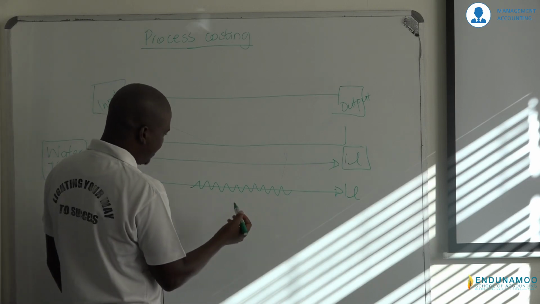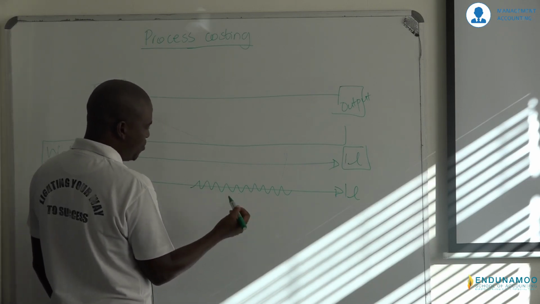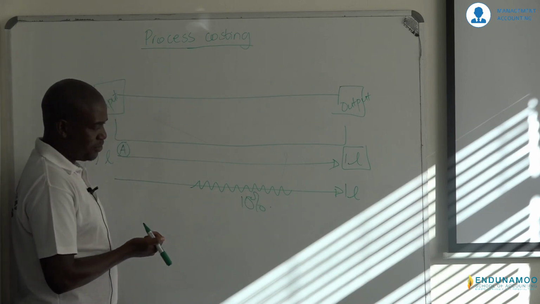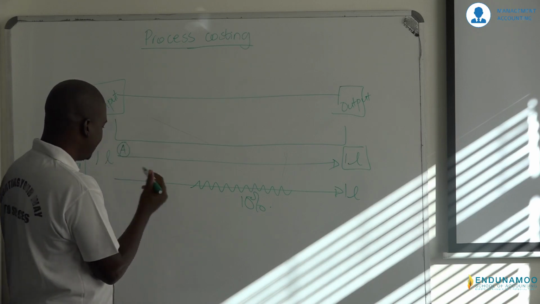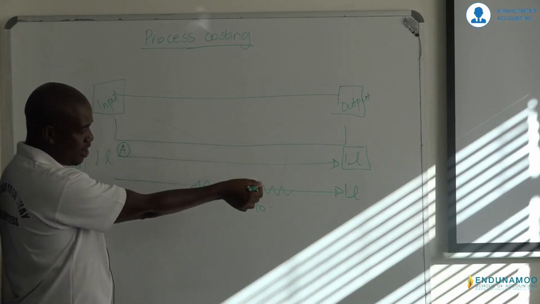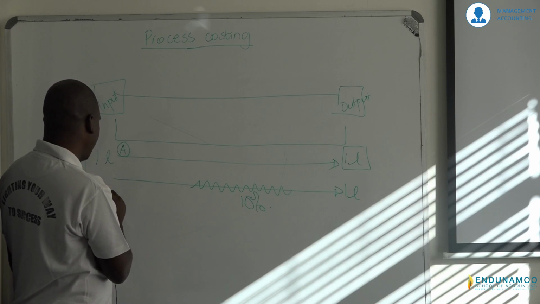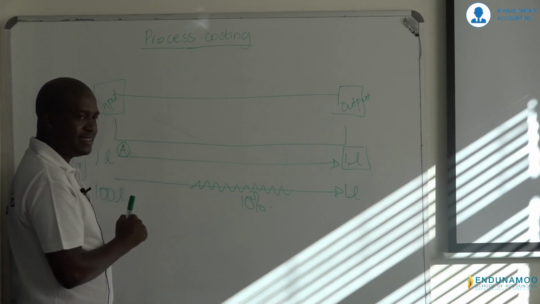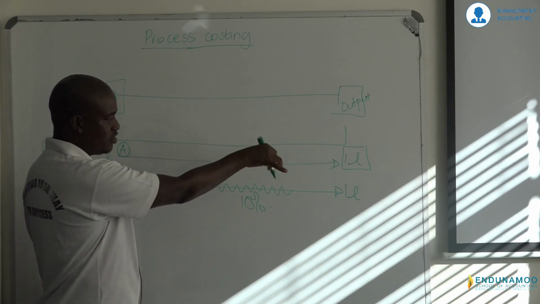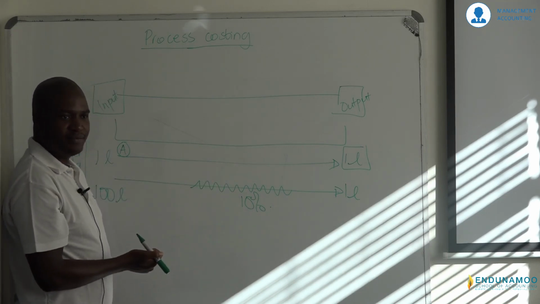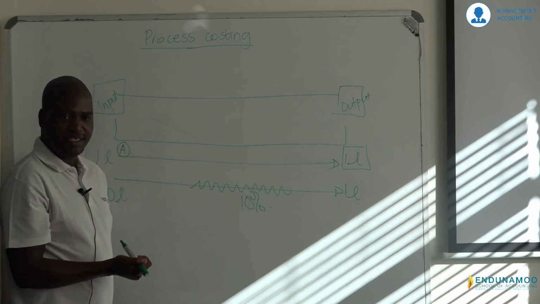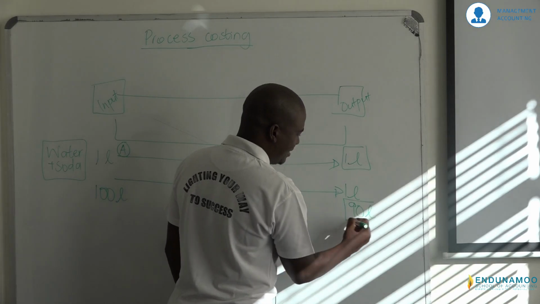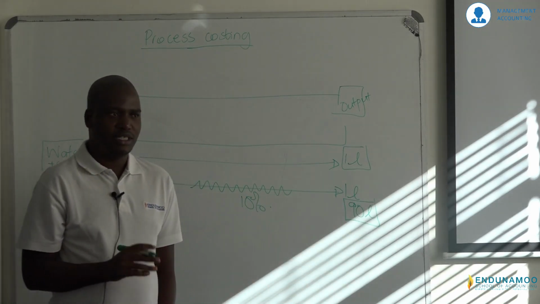Then I can say that out of all my input, I lose 10% altogether. So when the year started, I put in 100 liters. How many liters of output will I expect to get if in my process I lose 10%? I will expect 90 liters. Does that make sense?